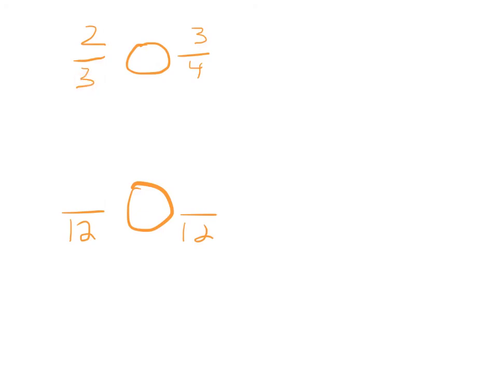In this case, it's easiest just to multiply these two to come up with a new denominator. So we did 3 times 4 equals 12, so 2 times 4, that'll be 8. And over here we've got 4 times 3 is 12, so 3 times 3, that's going to be 9. So put that there. So now I can say that side is larger.